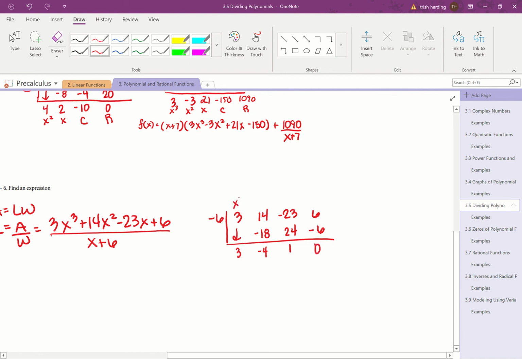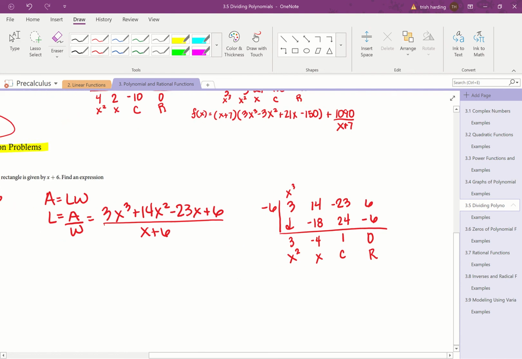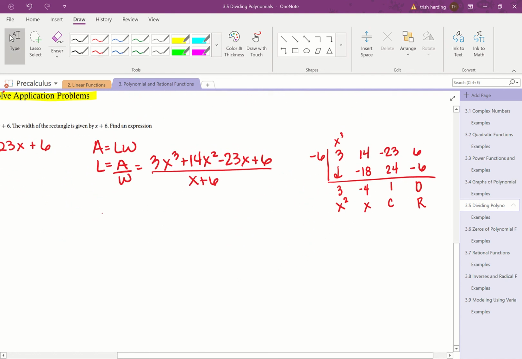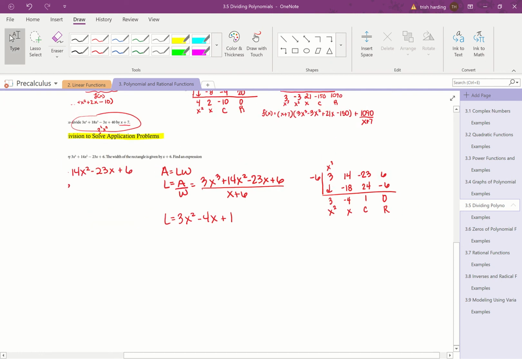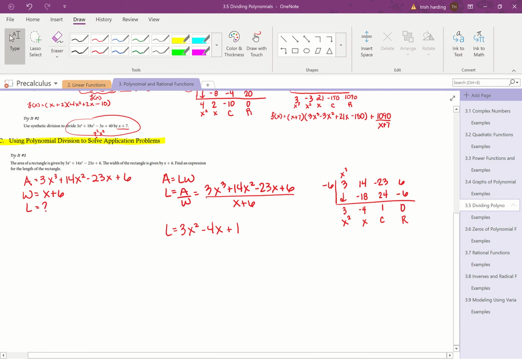We started at x cubed, so we will be at x squared. Our remainder is 0, which is good, so it goes in evenly. That's always nice. So the length is going to be 3x squared minus 4x plus 1. That is the formula for the length.